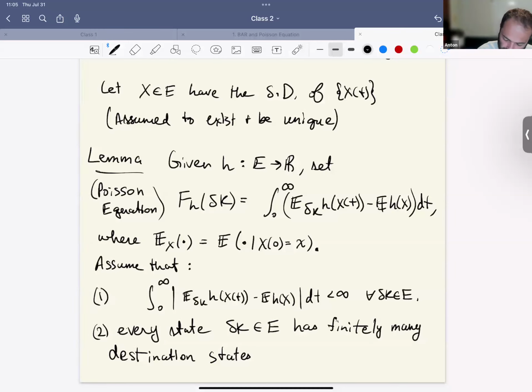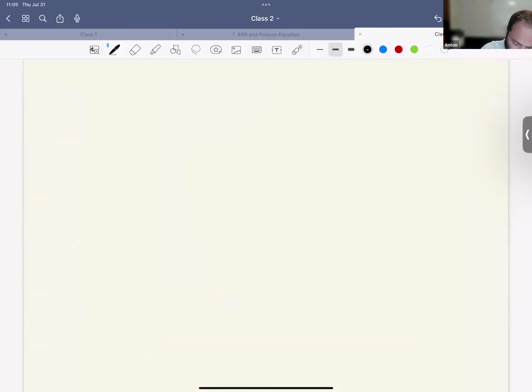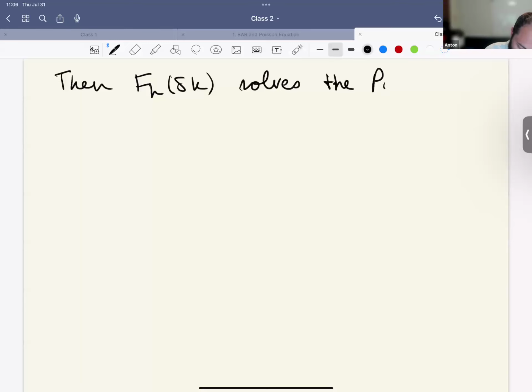Okay, so under these two assumptions, this potential solves the Poisson equation.